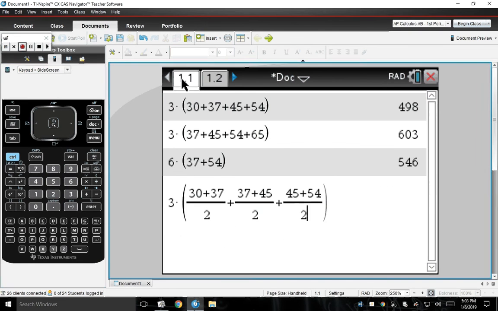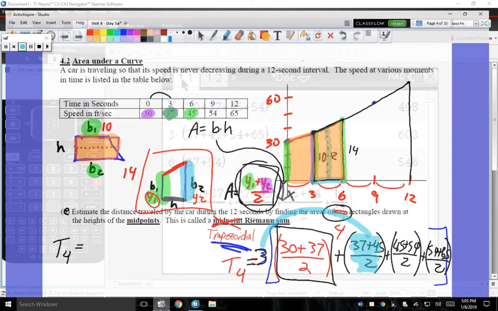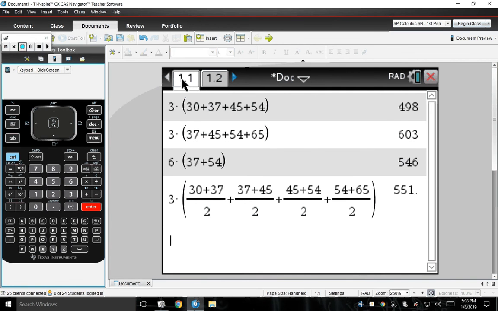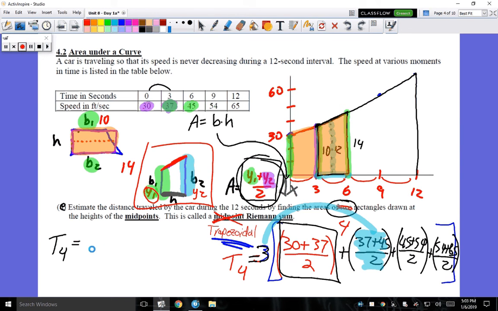And then plus 54 plus 65 divided by 2. And this is now going to give us, control enter, 550.5 feet.